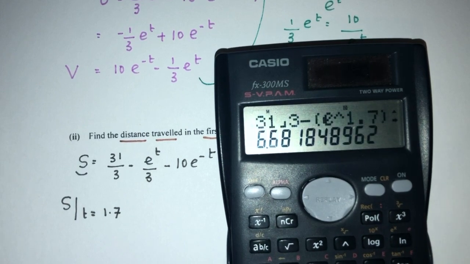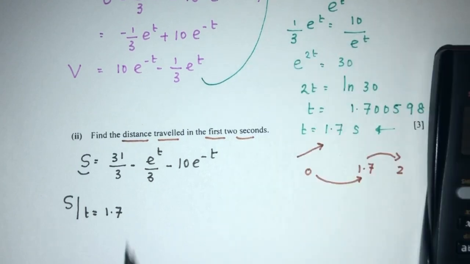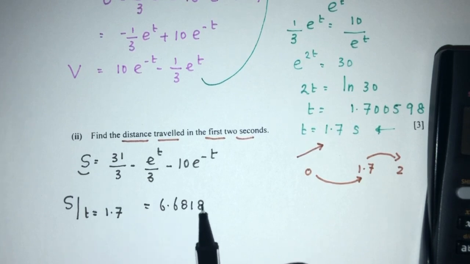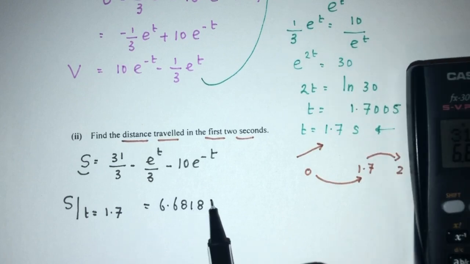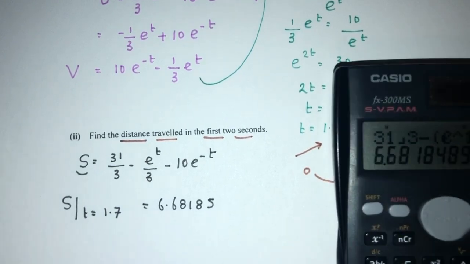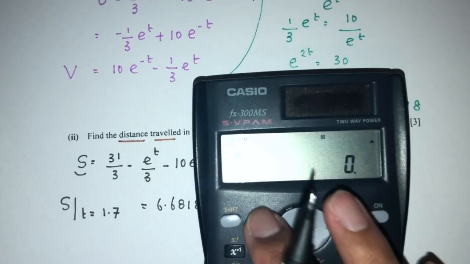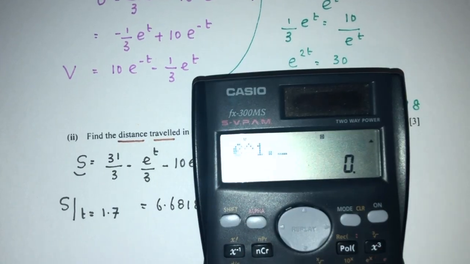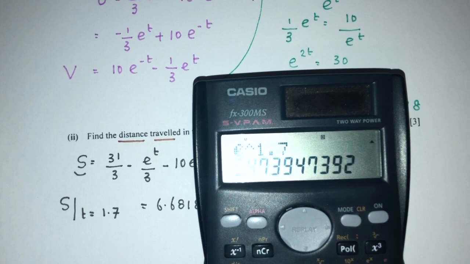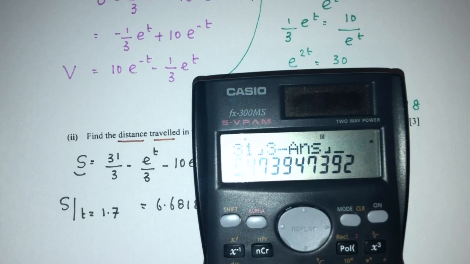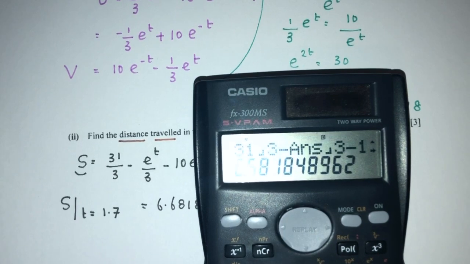That will give me 6.6818. But let me double check, because I always cannot make mistakes in these kinds of questions. What is e to the power 1.7? It is this value. That will be my answer. Now we have 31/3 minus the answer over 3 minus 10 over the answer. So that will be this value.